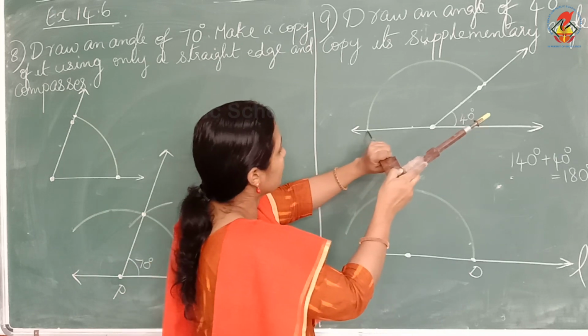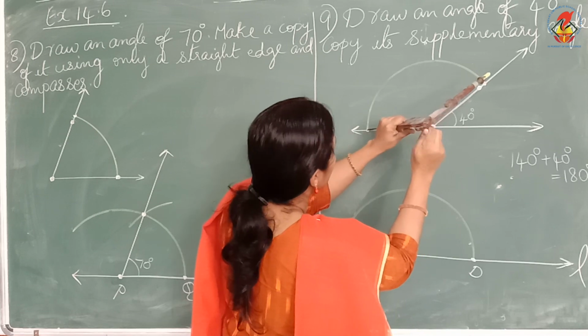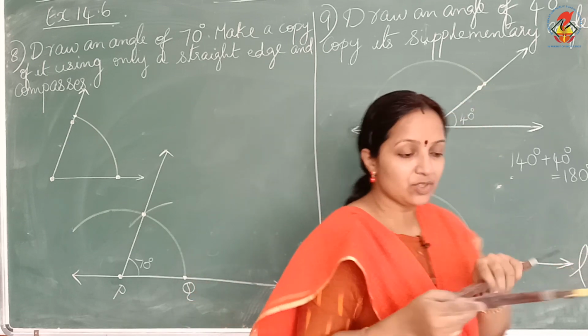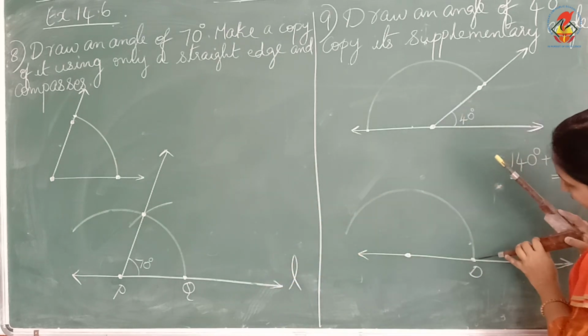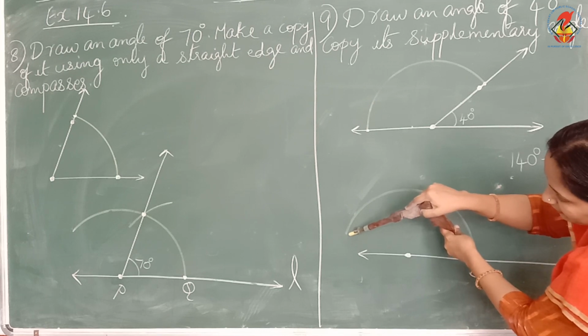So this arc length we need. Without changing the compass measure, place it at D and cut the previous arc.